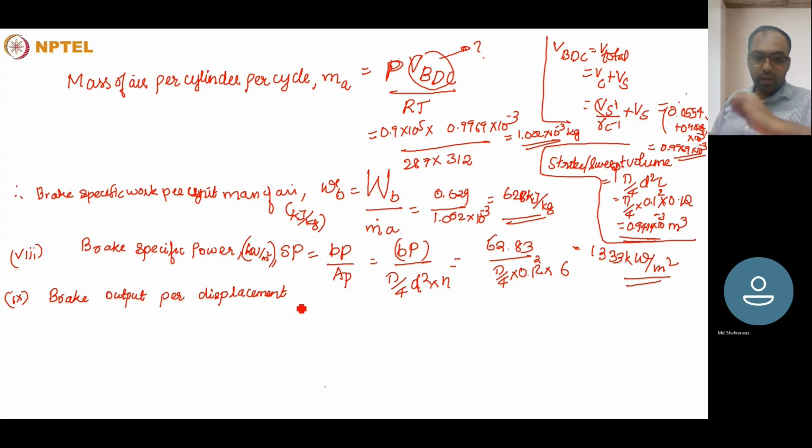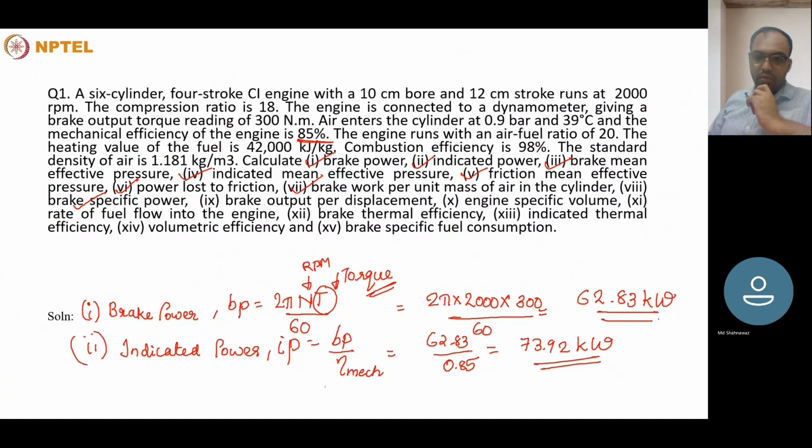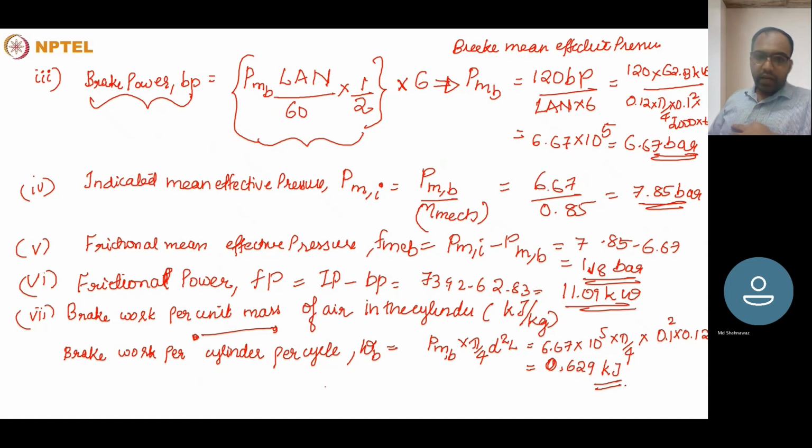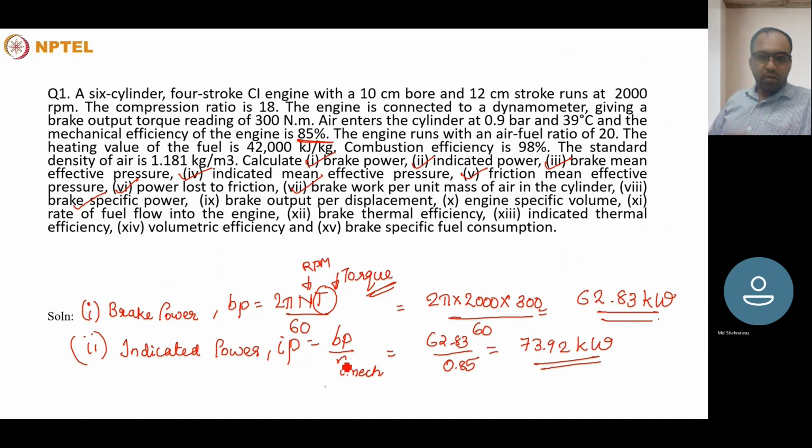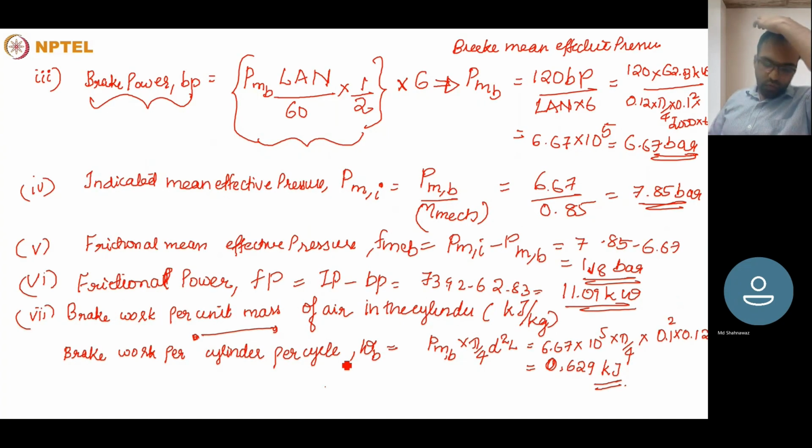The brake power given in this particular problem will be 62.83 kilowatt for 6 cylinders. So per cylinder it will be 62.83 divided by 6, and we have to calculate the stroke volume. So it will be coming around 0.94.